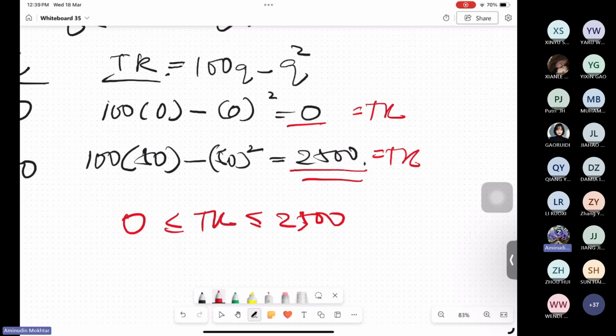In this case, it shows that we can apply the concept of linear and nonlinear in order to find the relationship between any variable or any function. Okay, that's the basic concept of domain and range for a particular function.